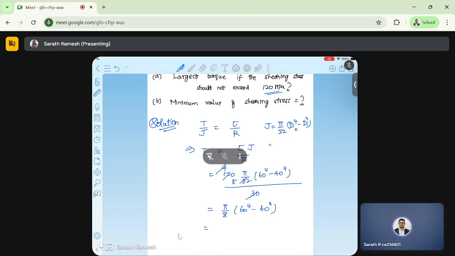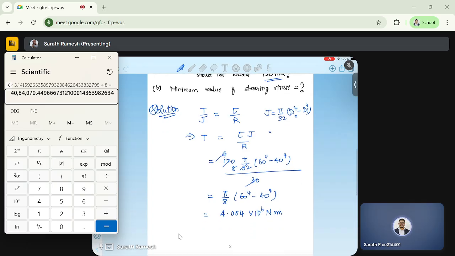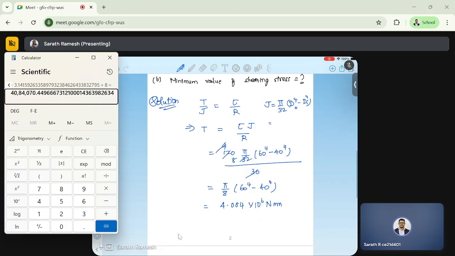Okay, let's use a calculator. 60 to the power 4 minus 40 to the power 4, into pi by 8. So we get 4.084 into 10 to the power 6 Newton mm, because everything was in Newton per mm square and mm.